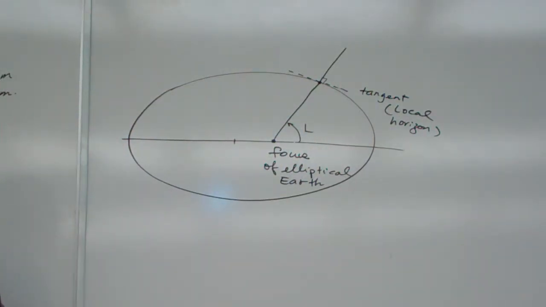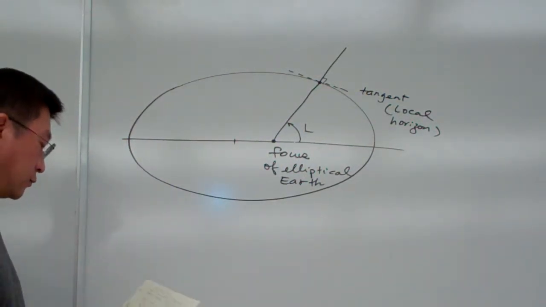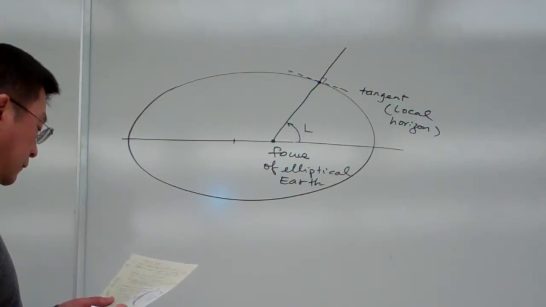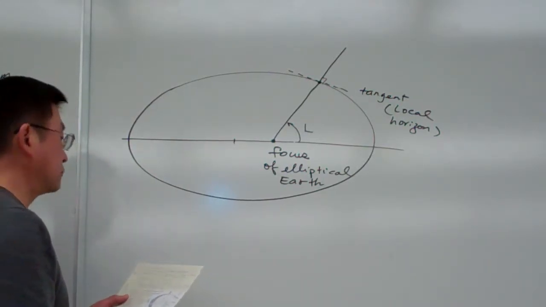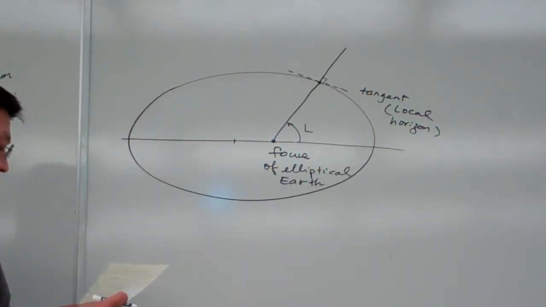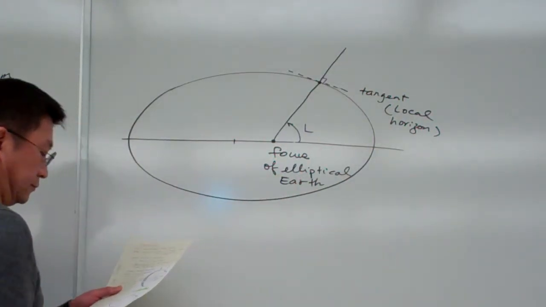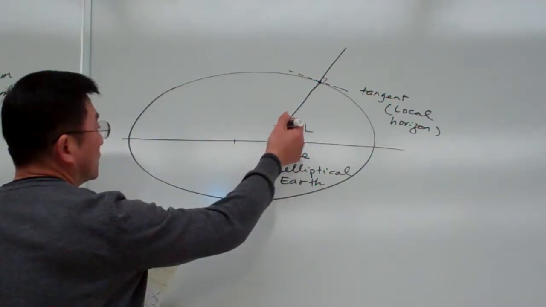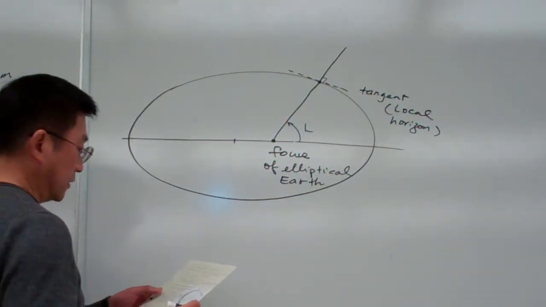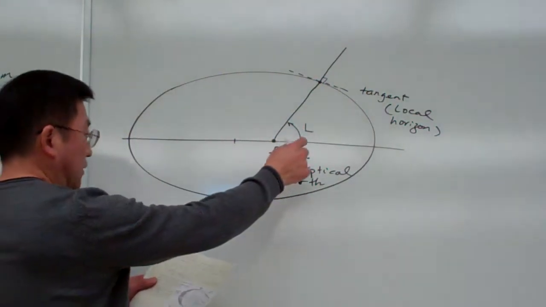That is the way we do this one. Under these situations, this is the name for this, and they call it geodetic latitude.